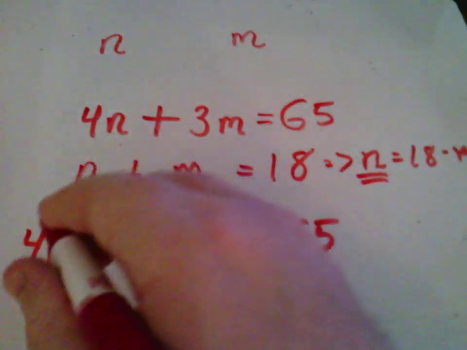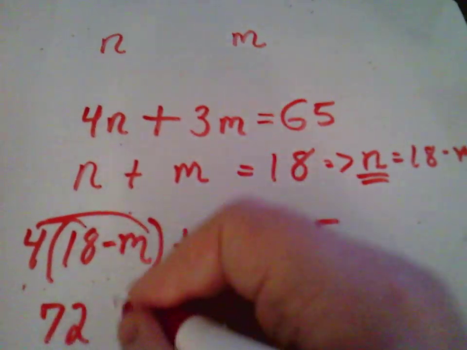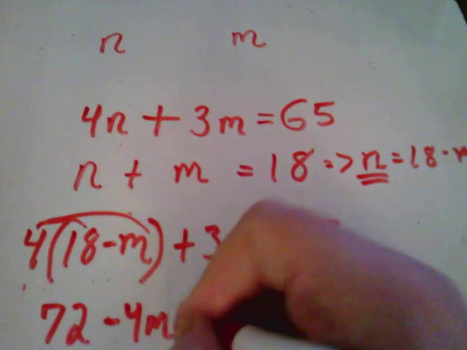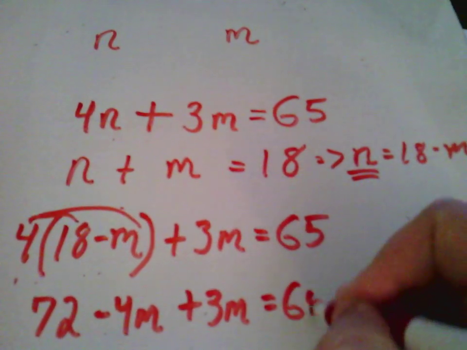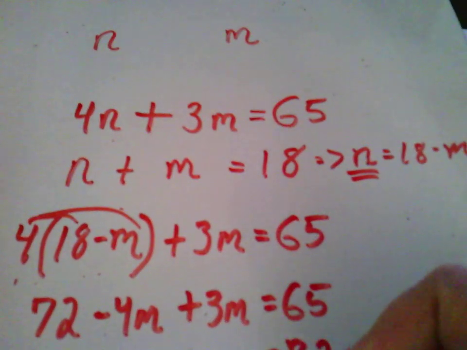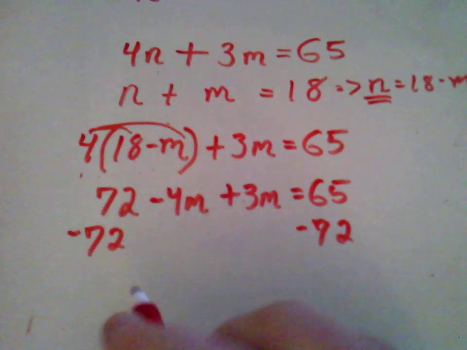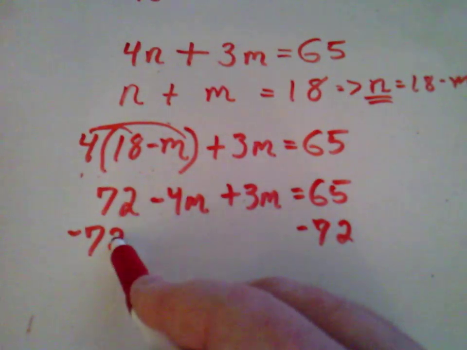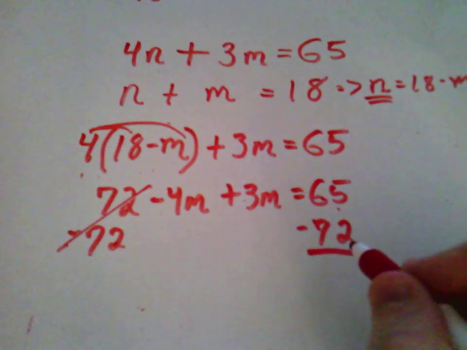Okay, distributive property. 4 times 18 is 72, minus 4m plus 3m equals 65. Subtract 72 from both sides. I'm going a little fast here, I know, but if you need to, pause, review. 72 minus 72, subtract that from both sides. 65 minus 72.